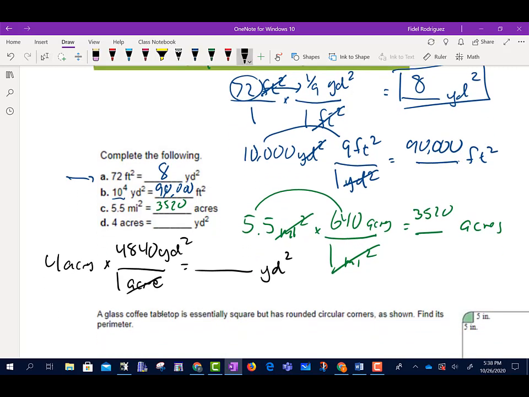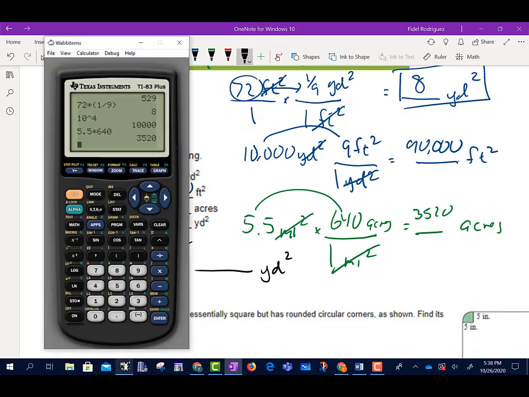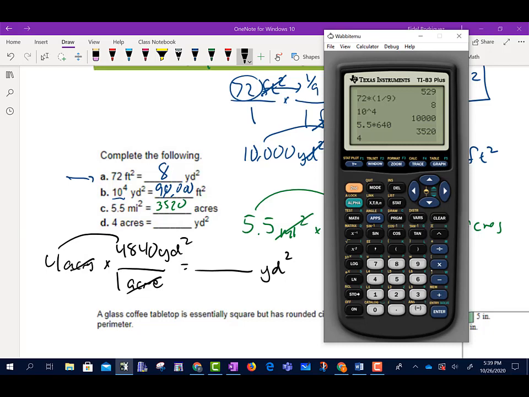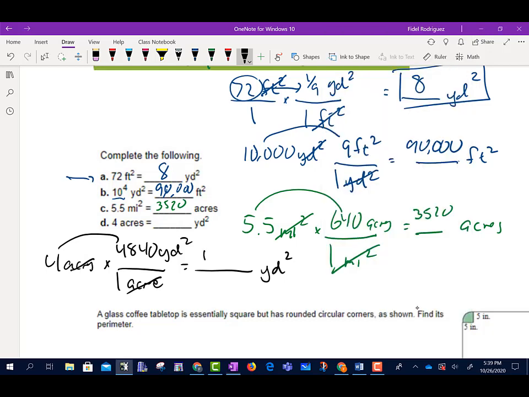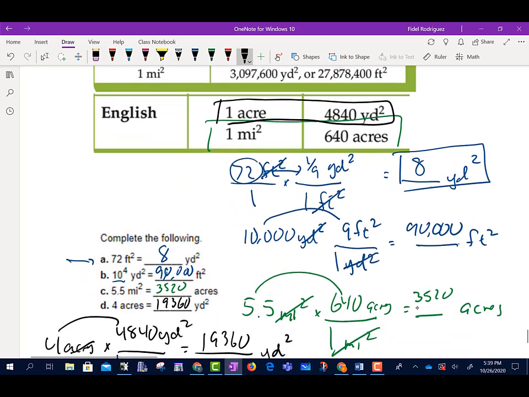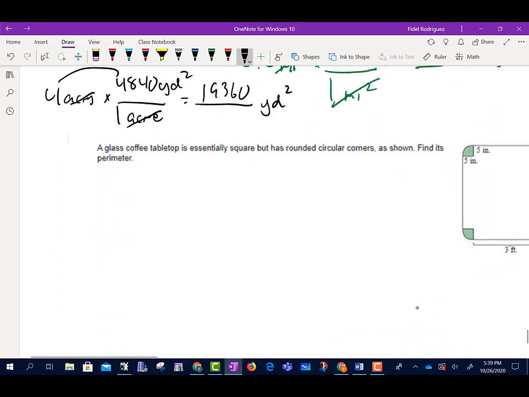So again, my units of acres are going to cancel, and I'm just going to multiply again. So 4 times 4,840, and I'm coming up with 19,360. So right here, again, same thing, 19,360. All right. So these little conversions definitely help a whole lot because they're telling me exactly how to do my problems, right?